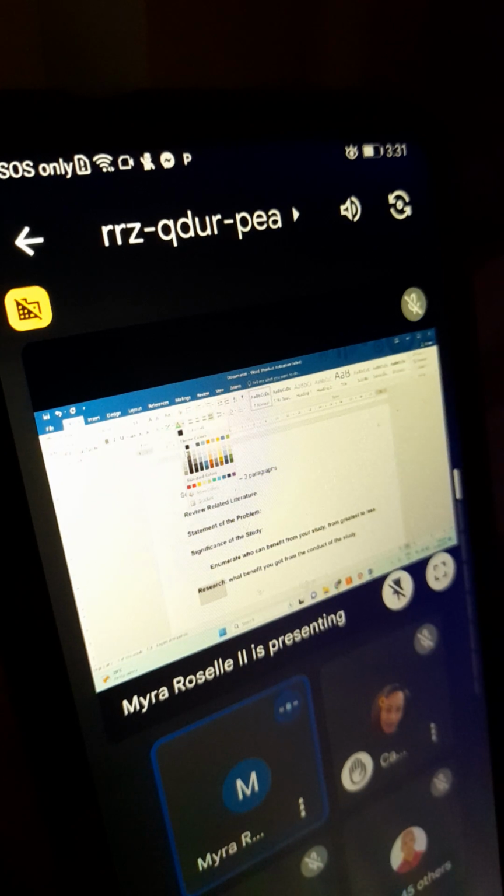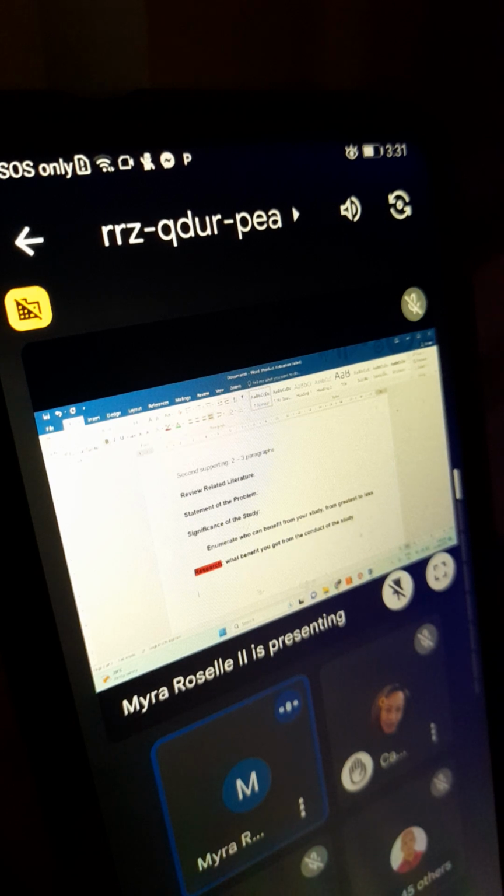Constant. Next, the future researcher. What benefit will they get from your study?